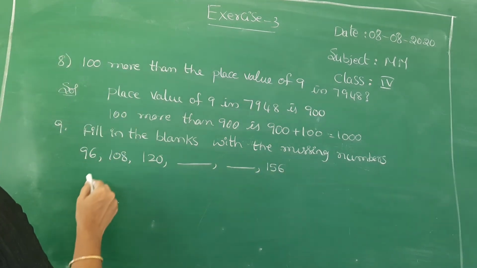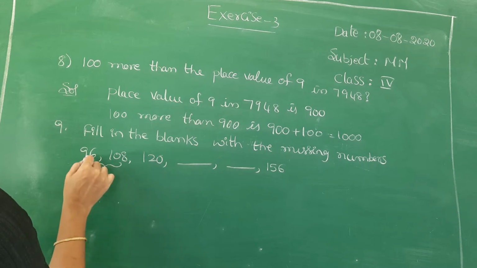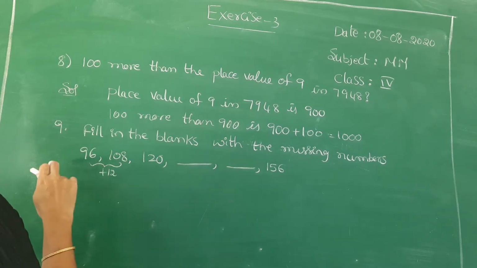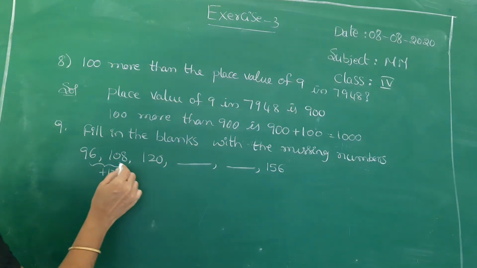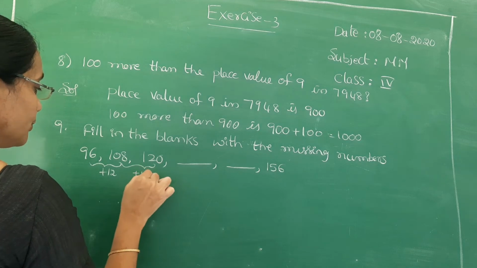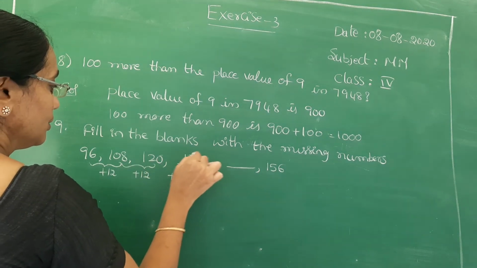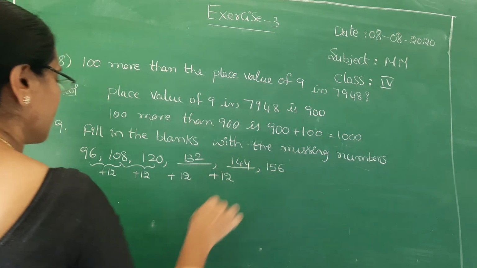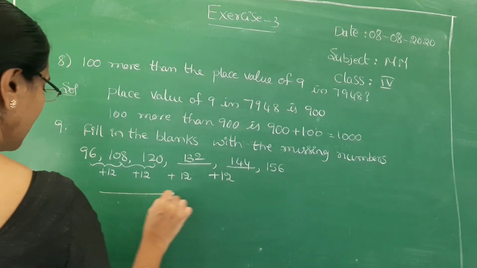Observe these numbers. How to get the successive number? By adding 12 to the preceding number. Preceding means before. So to get 108, add 12, and here also add 12 to get the next one. Next add 12 to 120 to get the next one, and here also add 12. So 144.